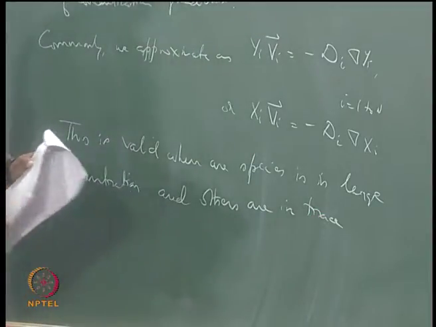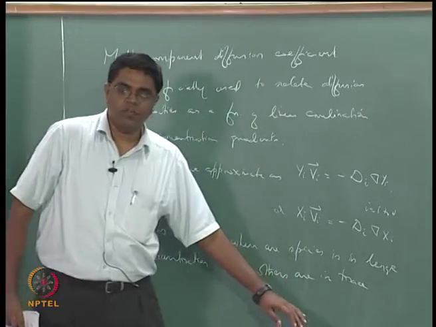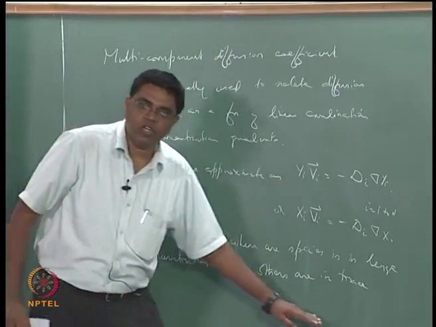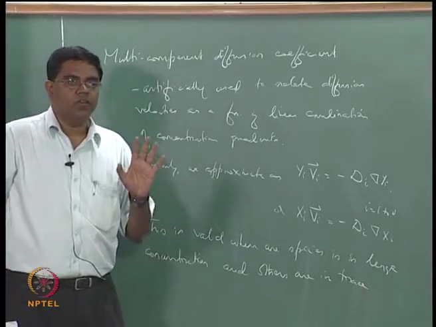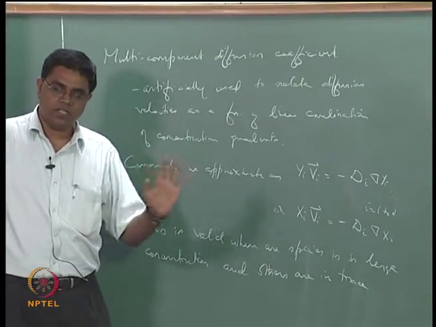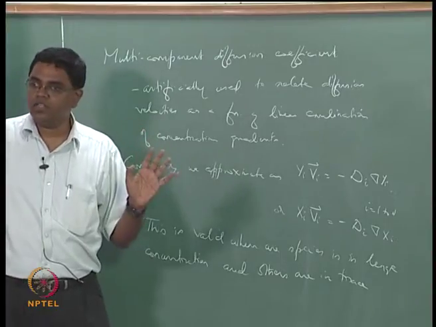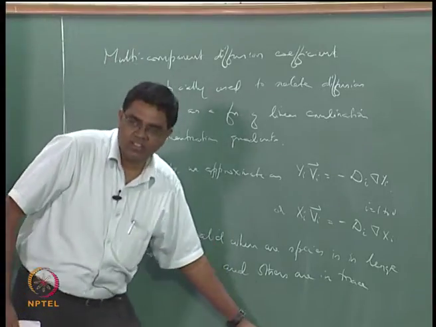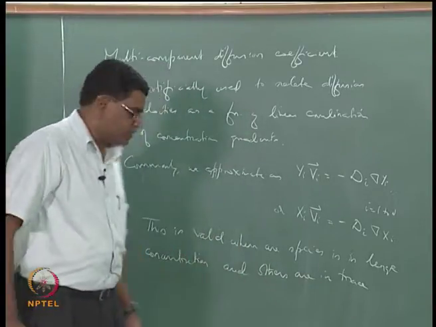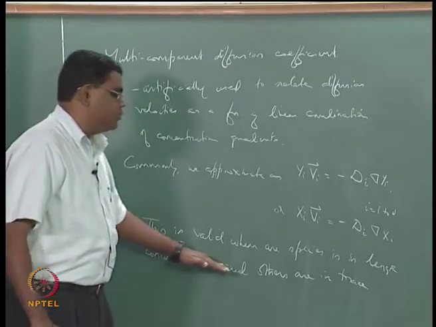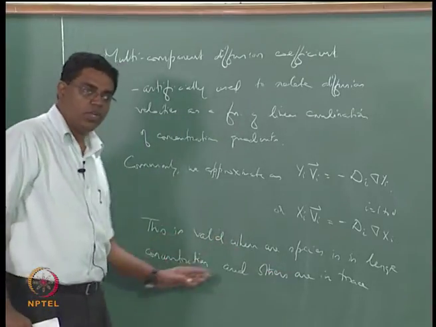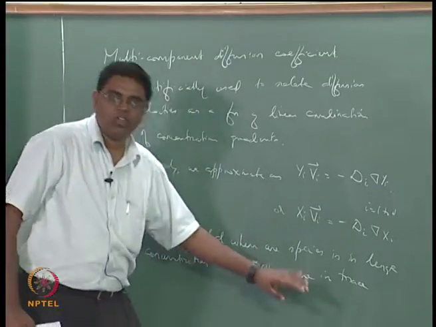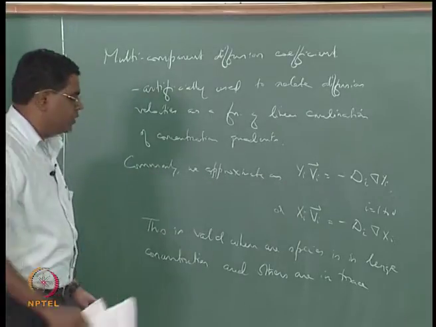Now typically trace is a word used for something very, very small, so it is sort of an exaggeration here. When most species are present in nominal quantities, not negligible, not in abundance, we cannot really say trace. But you get the idea that this is strictly speaking valid when one of them is in large concentration and the others in trace. We will identify an abundant species, the other ones are not going to be in trace, but we will still go with this idea.